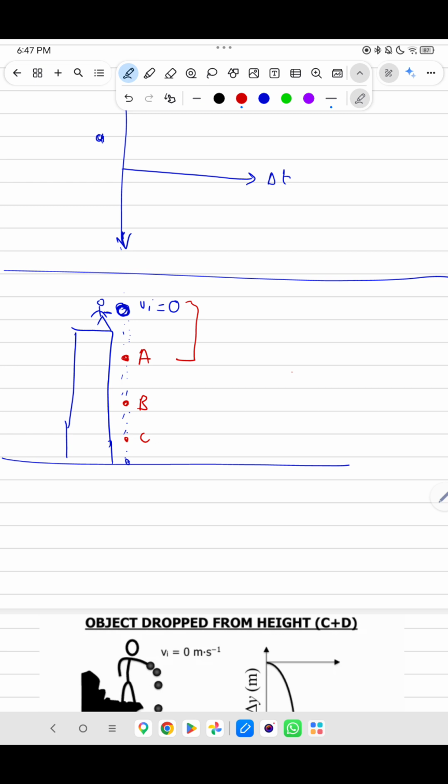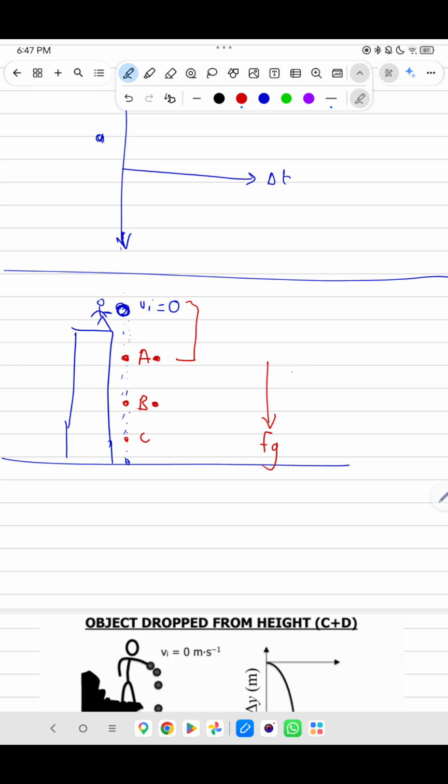Even if we look at point A and point B, the velocity of the ball when it gets to point B will be greater than the velocity of the ball at point A. The reason being the gravitational force, Fg. It's pulling this ball down.